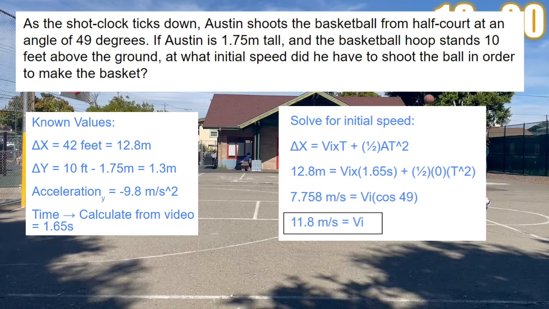When we divide 1.65 seconds on each side, we get 7.758 meters per second is equal to v initial times cosine 49. When we divide 7.758 meters per second by cosine 49, we get v initial is roughly 11.8 meters per second.